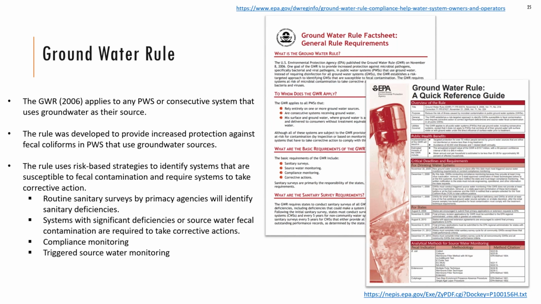The rule was established using a risk-based strategy to find groundwater systems which are susceptible to fecal contamination and require susceptible systems to take corrective actions to fix those deficiencies before the public water supply is contaminated.